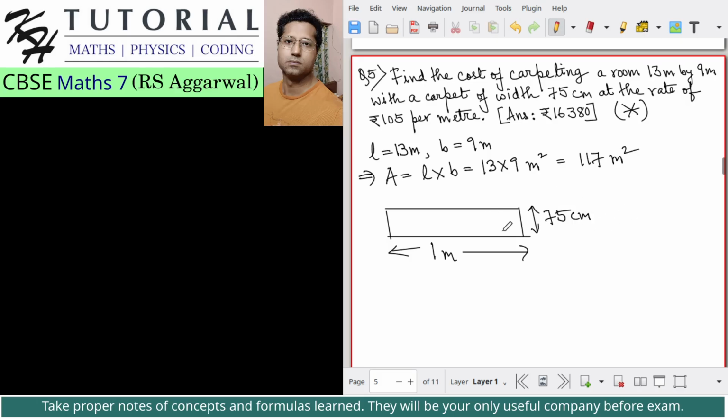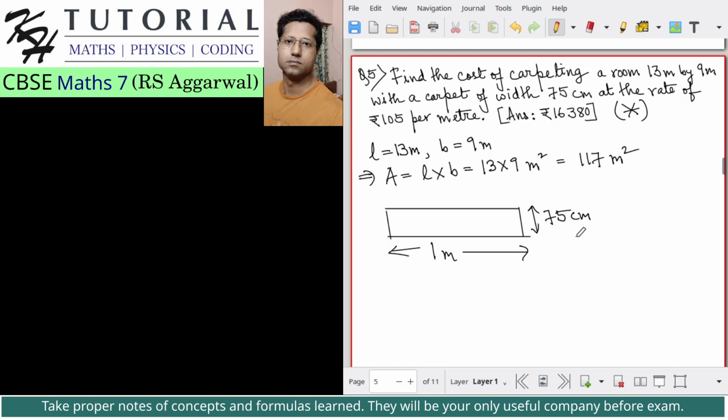So now the width, remember, of the carpet is fixed, that is 75 centimeter, and for 1 meter length of the carpet, the cost is rupees 105.